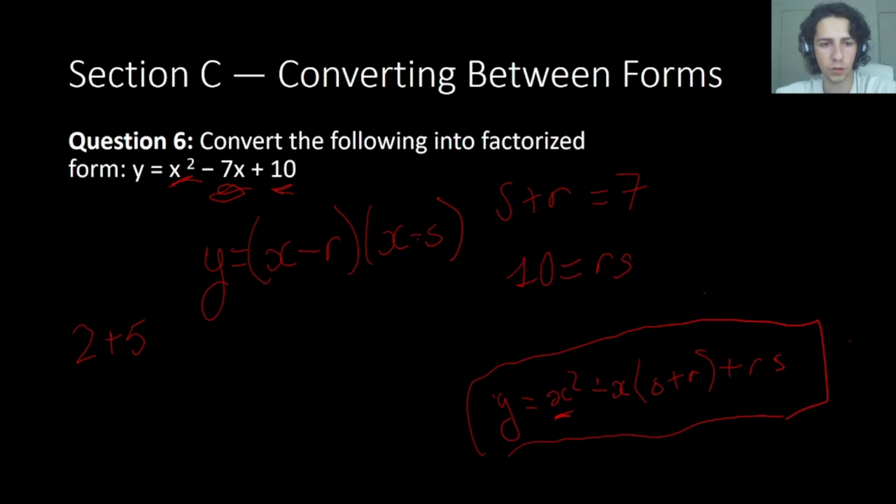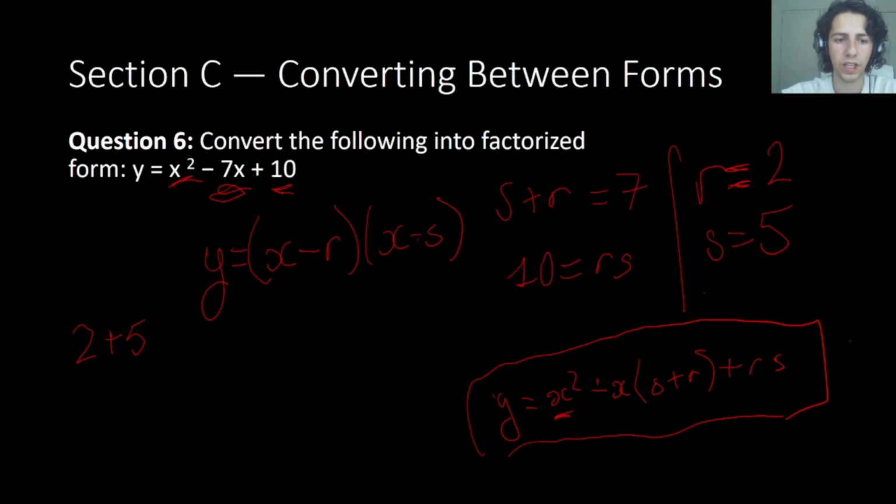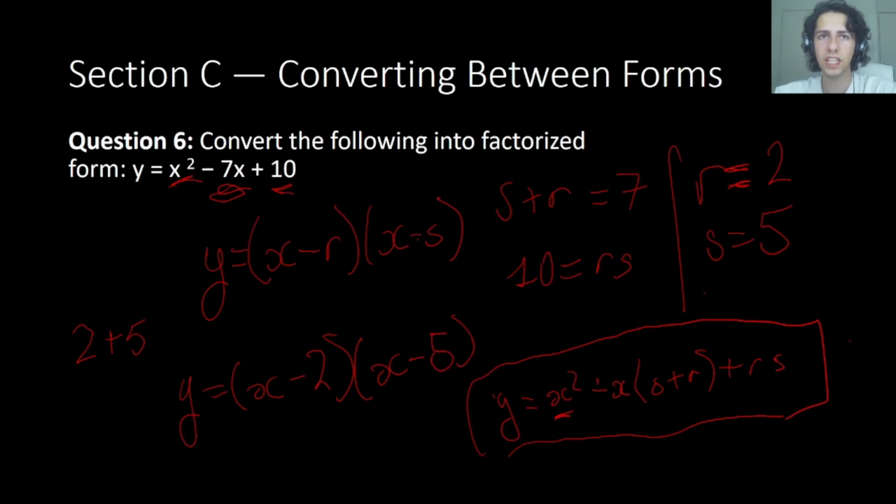Now, it doesn't really matter if you assign 2 to r or 2 to s, but you'll have to make sure that if r is 2, then s has to be 5, and if r is 5, then s has to be 2. So, once we do that, and we assign, let's say, r equal 2 and s equal 5, we're going to get y equals x minus 2 times x minus 5, giving us our factorized form.